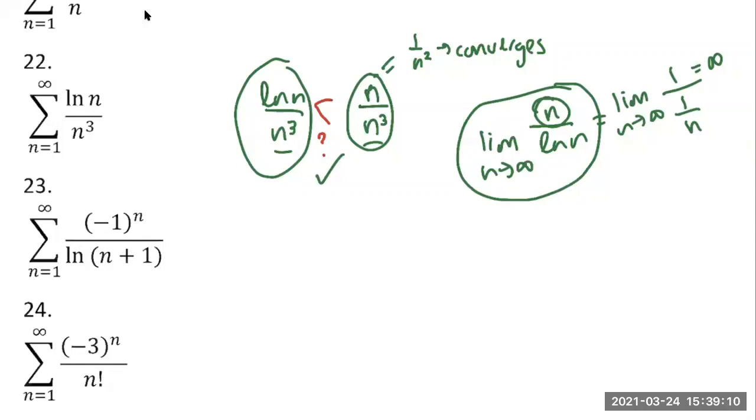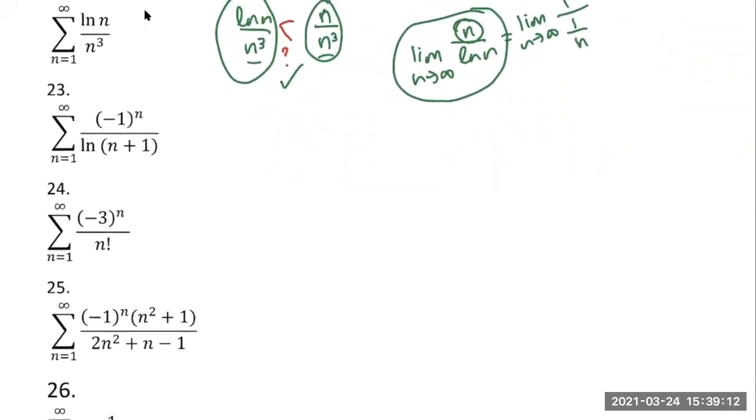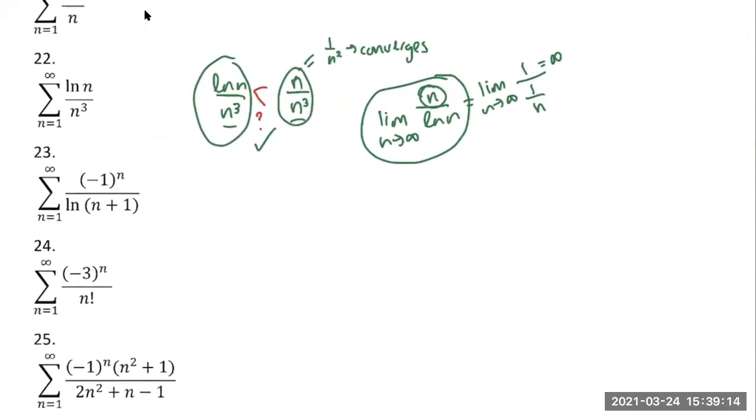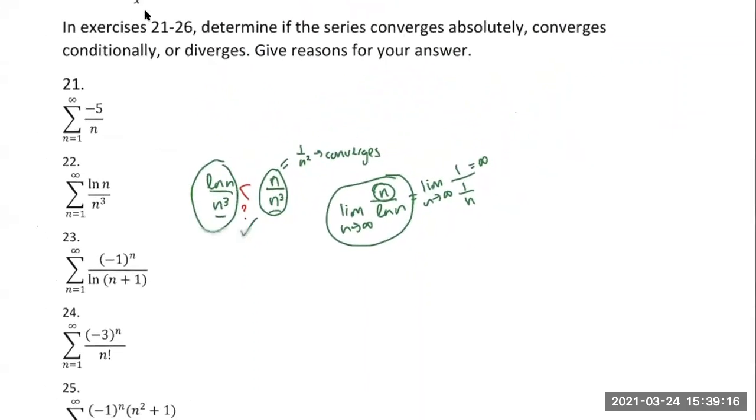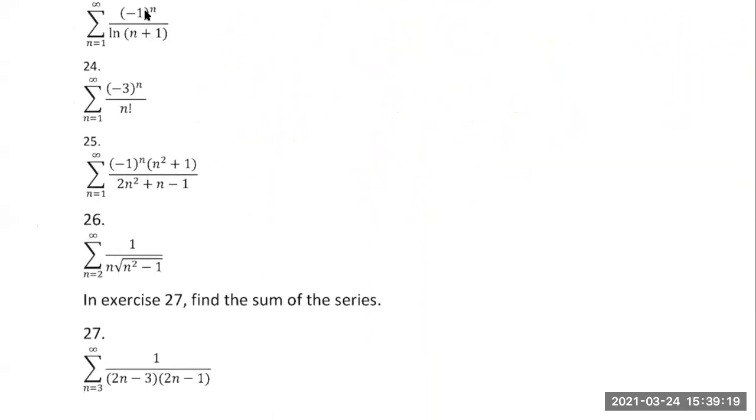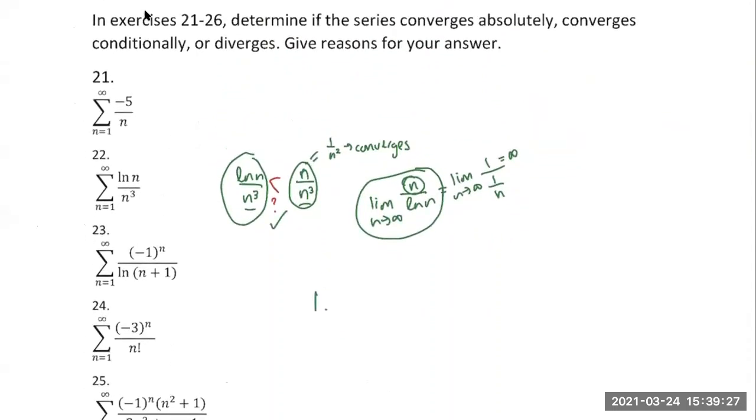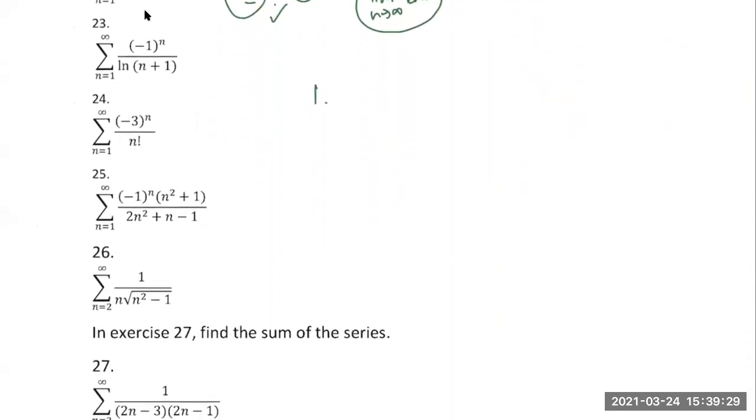Any other questions? Looking at these problems, this section, 21 through 26, are questions that might appear where, notice, there's no x's in it. It doesn't ask you to find the interval of convergence or radius of convergence. It simply asks, does it converge or diverge?